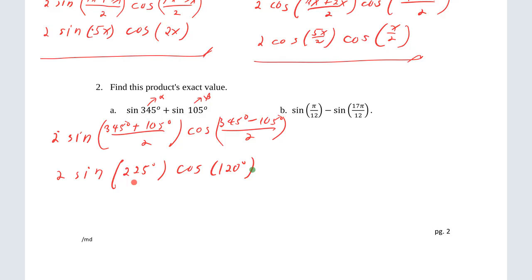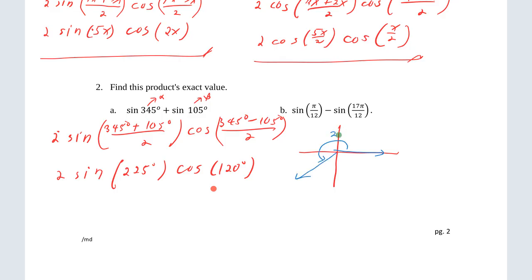Well, you all know that whenever we are simplifying this type of angle, what we're going to do is find the reference angle. First I'm just going to draw that, and we see that angle 225 degrees would be in quadrant 3.